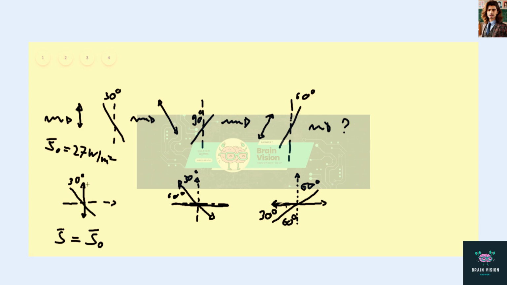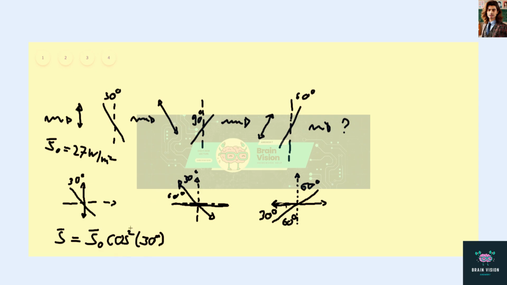We have polarized light in the vertical direction that is making an angle of 30 degrees with the polarization axis of the polarizer. So projecting this polarization onto the polarization axis through the angle 30 degrees, this is going to reduce our intensity by cos squared of 30 degrees.